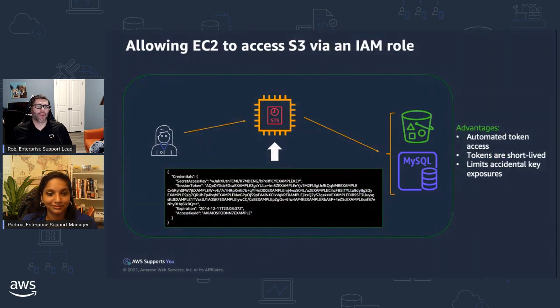Or you can leverage, much like we did with a user going across account to a role, an AWS IAM role on an EC2 instance that will give you access to S3 via that IAM role. And this does the same thing, much like we saw in the actual CLI sample, where a user says, I'm going to assume a role and get a temporary set of token credentials.